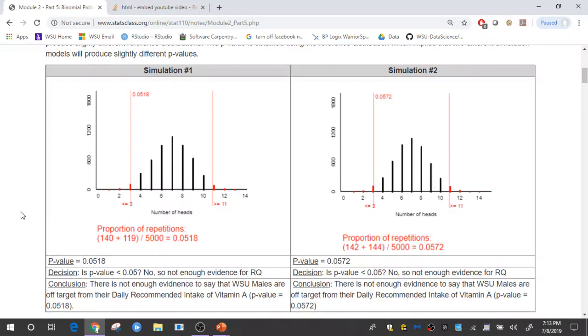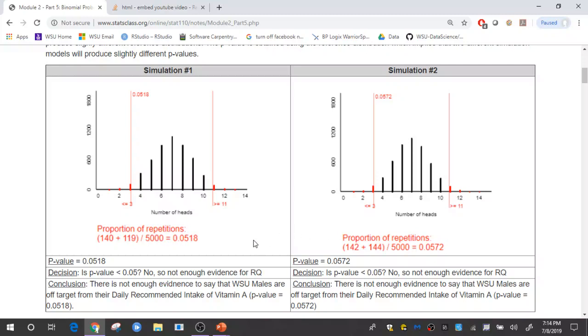So let's just show 2 simulations here. Simulation number 1 was based on 5,000 repeated outcomes. The p-value that we obtained from this reference distribution is 0.0518. A second simulation was obtained, and the p-value from the second simulation was 0.0572.